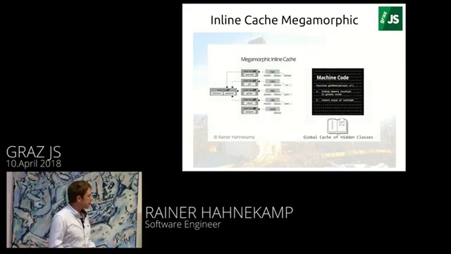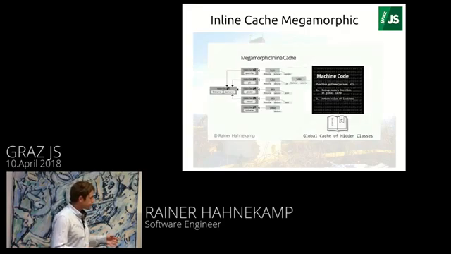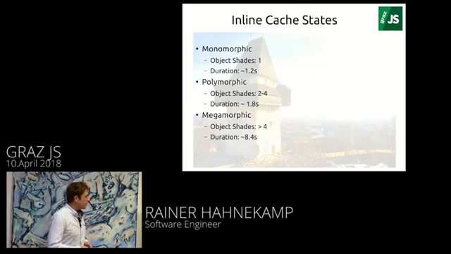It has to look up the memory address of our property in a so-called global cache. And this takes quite a bit more time than if the machine code had direct access to the memory location. And that's why we saw the decrease in performance.